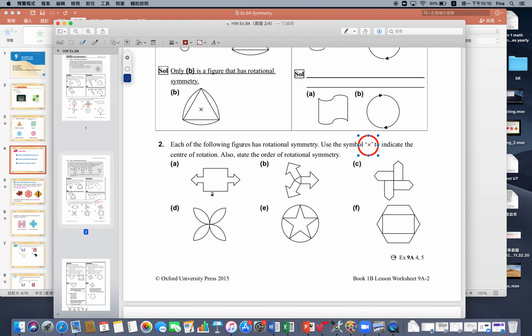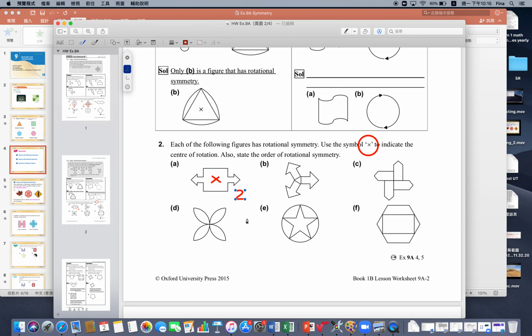Then for the first figure here, question 2, part A, first of all, I think you can mark the cross here. This is the center of rotation. And then what is the order? The order should be 2.